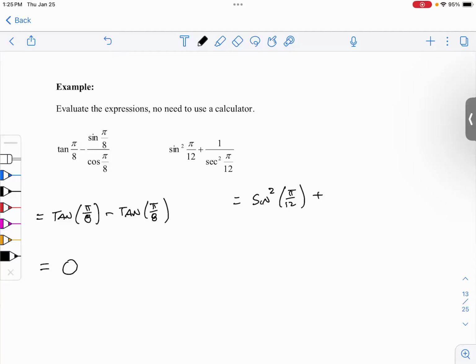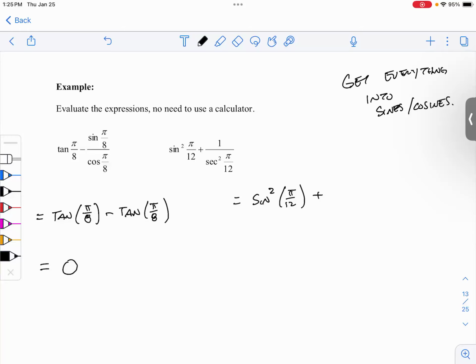And I have secant. Whenever possible, the rule of thumb is get everything into sines and cosines. Especially when you have secants, cosecants, cotangents, all that stuff.